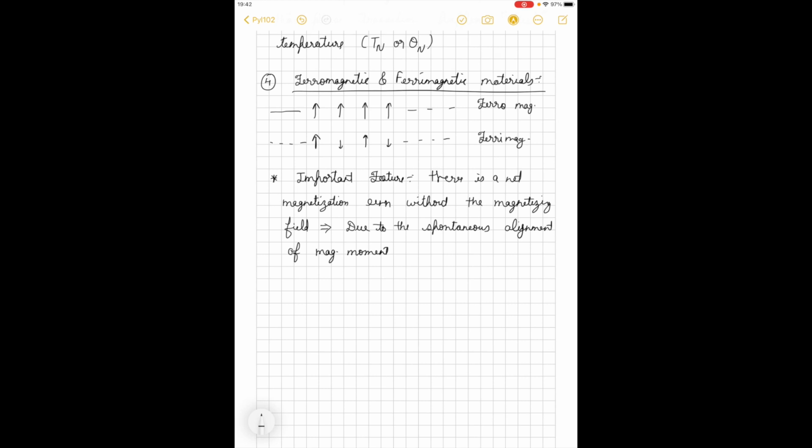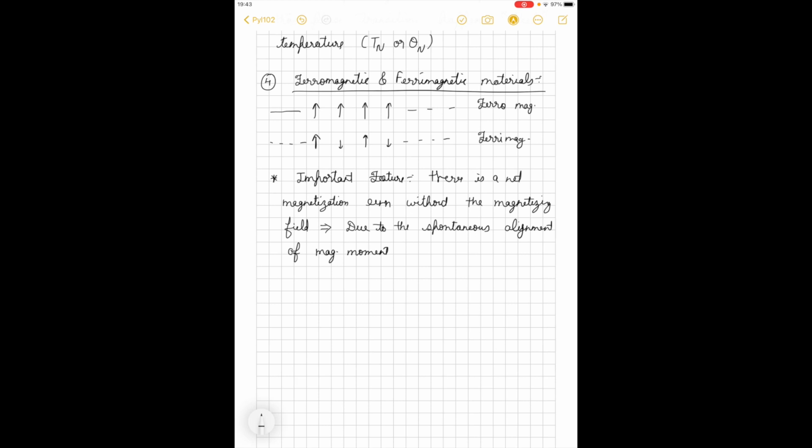Similarly, for ferromagnetic or ferrimagnetic material, we have a hysteresis loop. But before telling you about the hysteresis loop, I want to give you the same way that we had the Curie-Weiss law in the ferroelectric case, the similar thing we have here also.